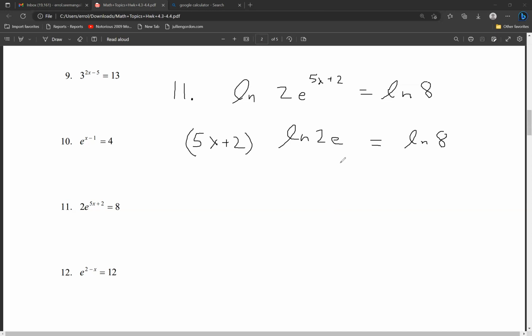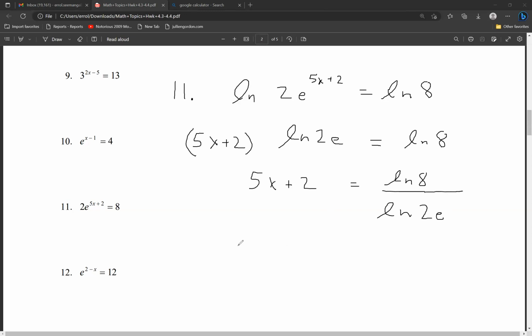All we did was bring down the exponent to the front. Okay, so now 5x plus 2 equals ln 8 over ln 2e, which I think is 2, but we'll check that in a minute.